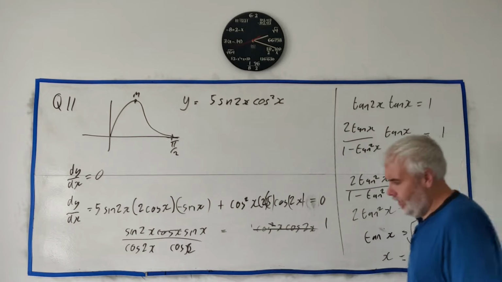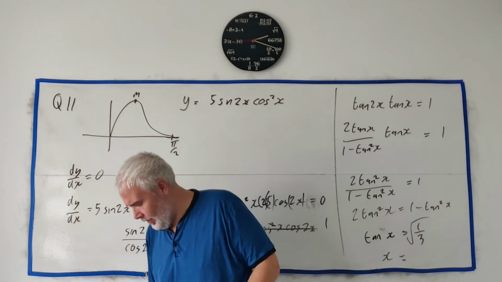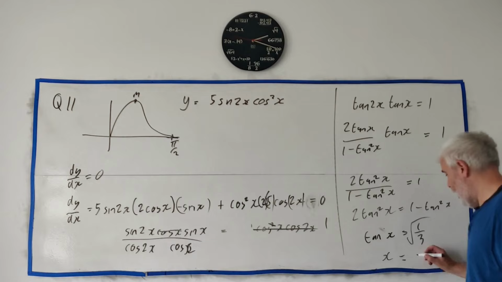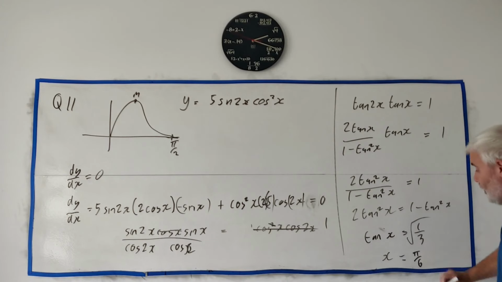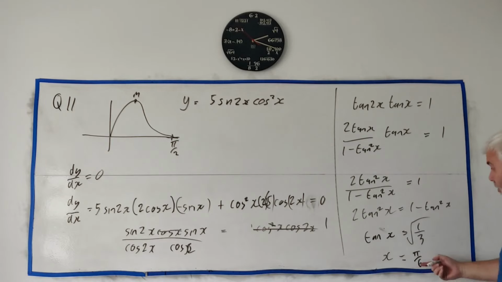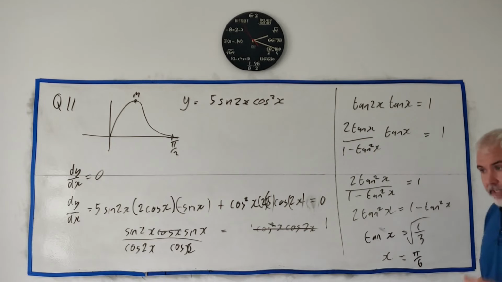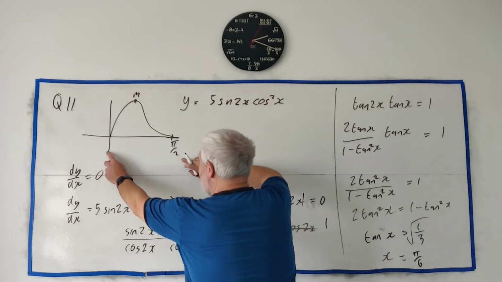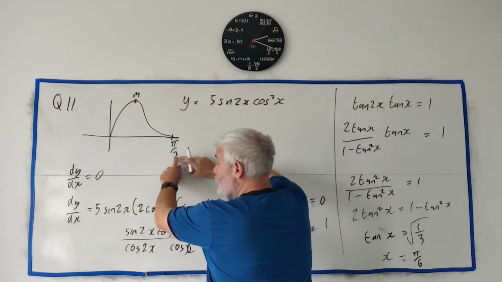What is that again? That's a common one, isn't it? Pi over 6. x is pi over 6. Just be careful, is that your only answer? Remember, there are infinite answers for this. It's pi over 6 or pi plus pi over 6, so that's 7 pi over 6. It would be another answer, and so on and so on. But we know our answer is between 0 and pi over 2.